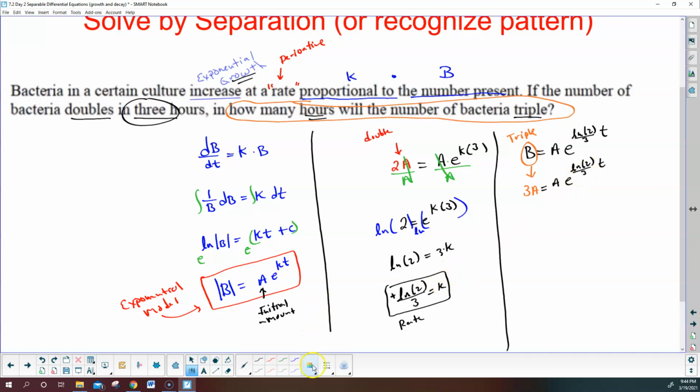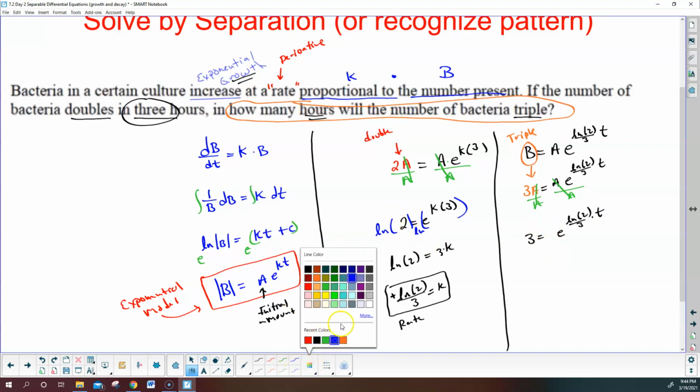So now it's just quick algebra. I divide both sides by A, that reduces the A's out. And you'll notice it's similar to what we did before, except now we're finding t because we know k.